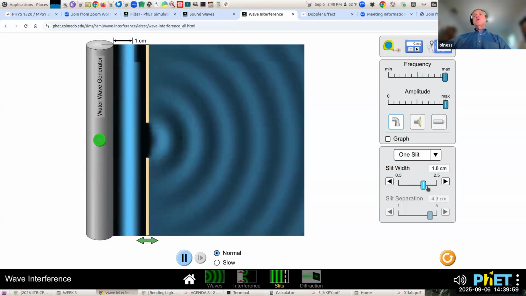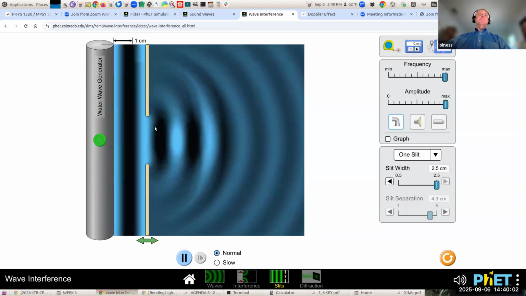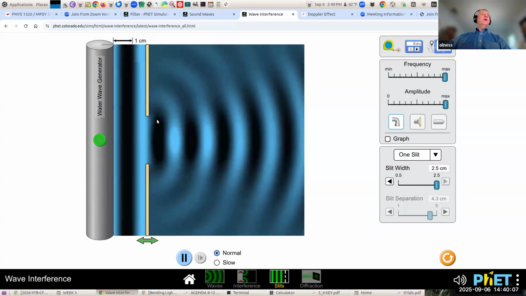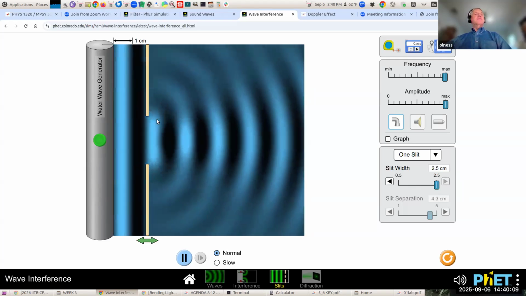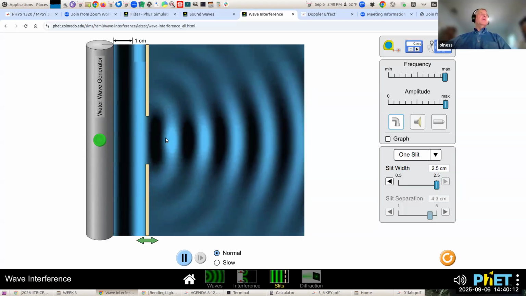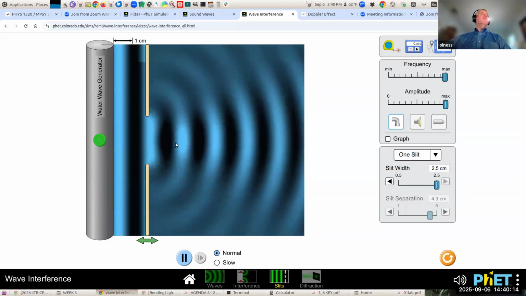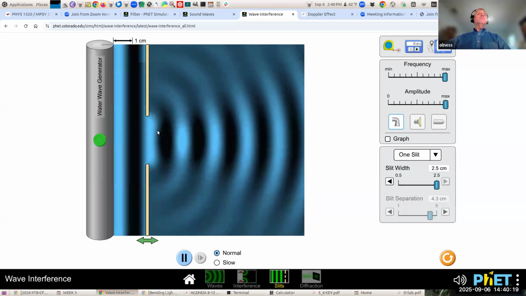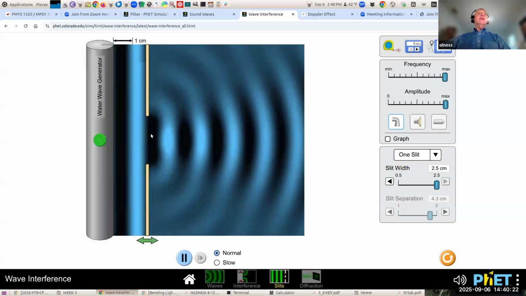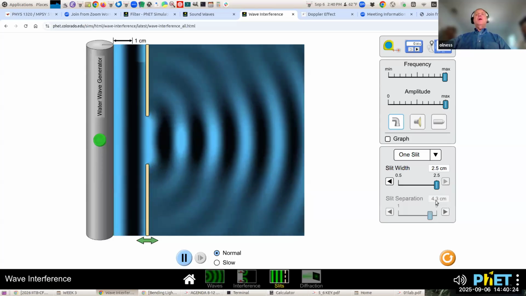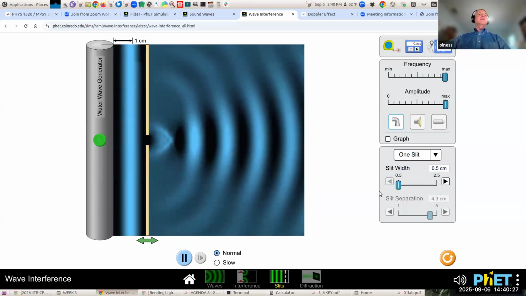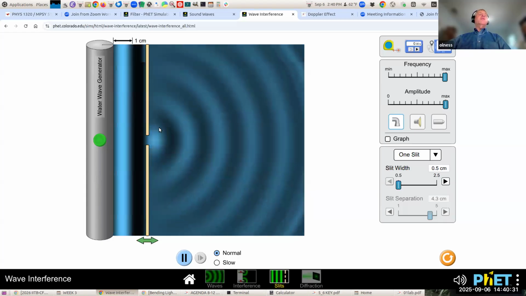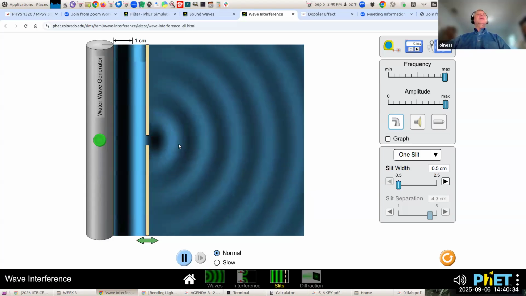The window is maybe 3 feet wide, and the light is 5,000 angstroms. Those are so different that the light doesn't diffract at all. If you want light to diffract, you have to make the slit comparable to the wavelength of light. If the size of the slit and the wavelength are similar, then you'll get diffraction.